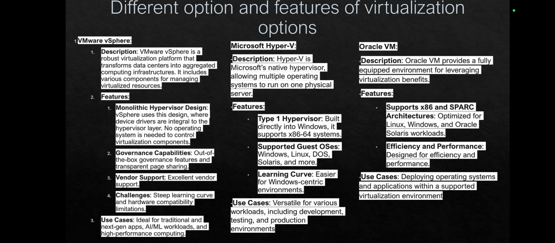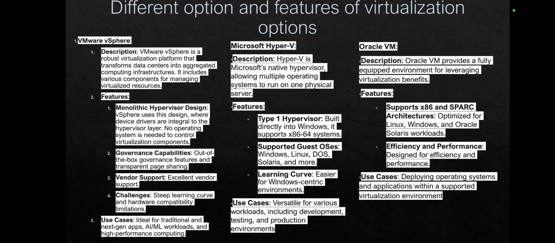And the next one, Oracle Virtual Machine. Description: Oracle Virtual Machine provides a fully equipped environment for leveraging virtualization benefits. Features: supports x86 and SPARC architectures, optimized for Linux, Windows, and Oracle Solaris workloads.